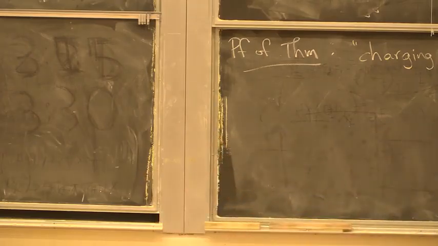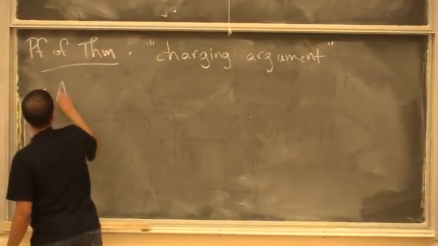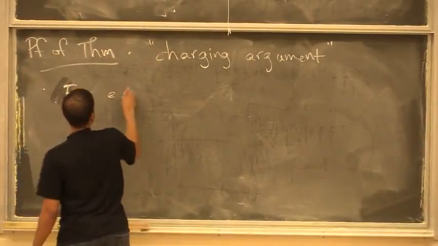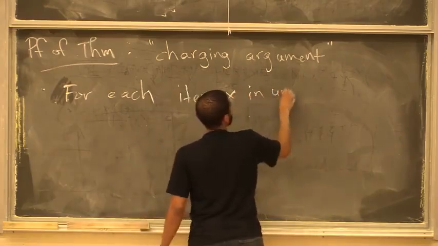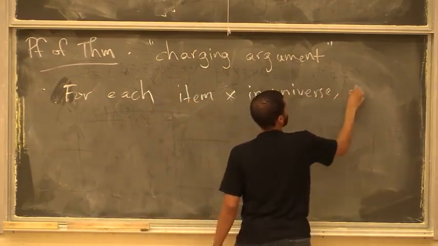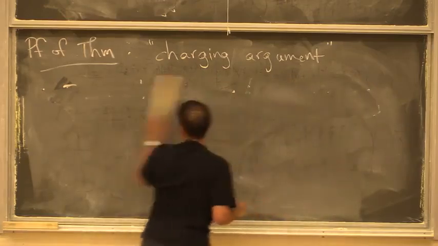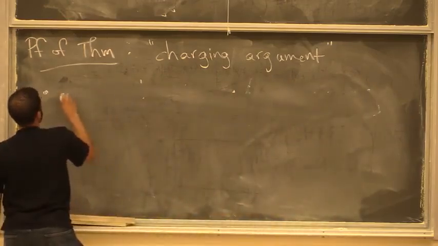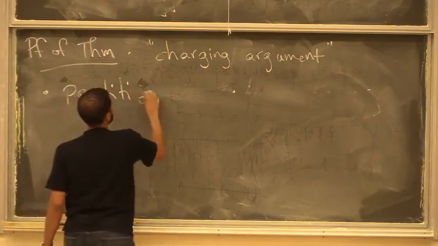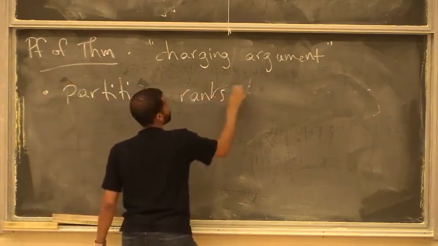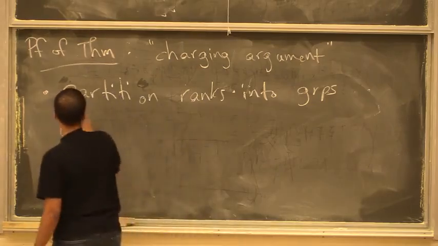Okay. So I'm going to allocate, for each item x in the universe, give it, okay, so first of all, before I do that, first I'm going to partition ranks into groups. So there's everyone who has rank between 0 and 1.